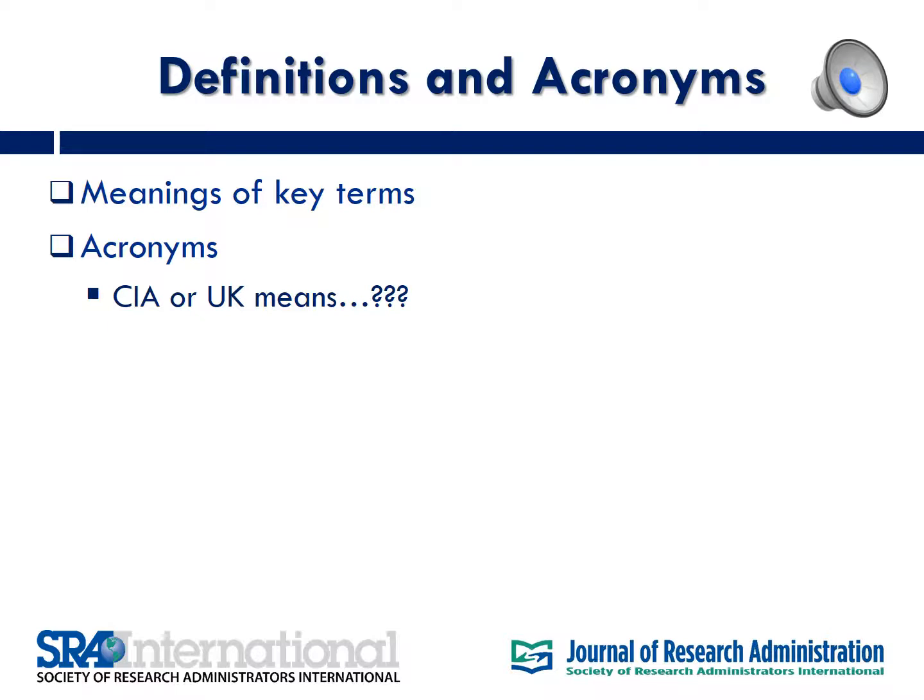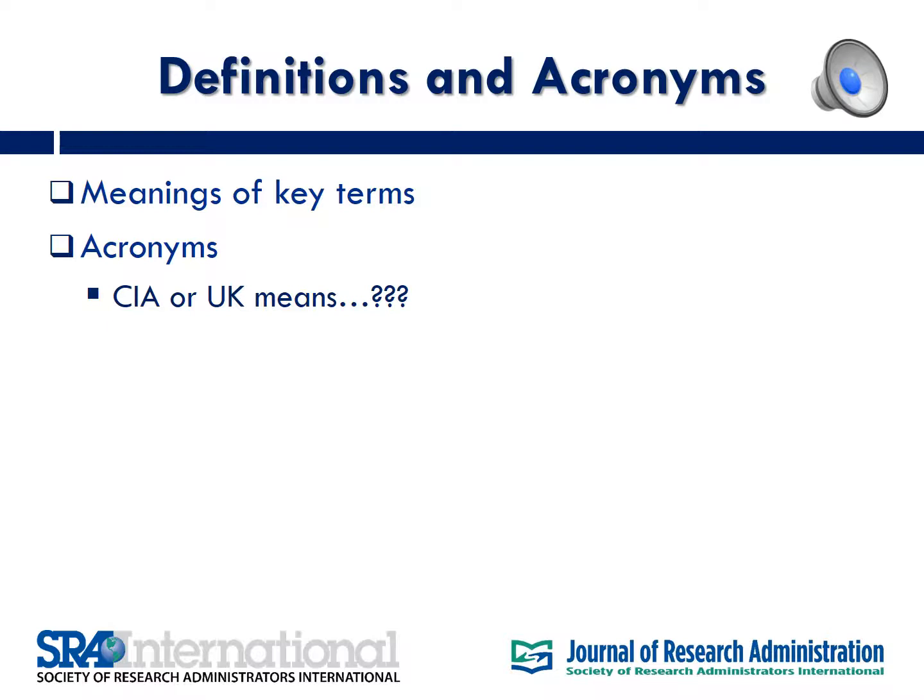Now, acronyms. As a non-American, I often struggle with acronyms that are familiar to most Americans. Remember, journals are intended for a worldwide audience, and NIH may not mean much to a non-American.